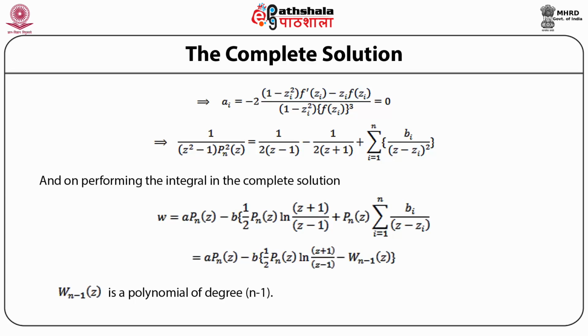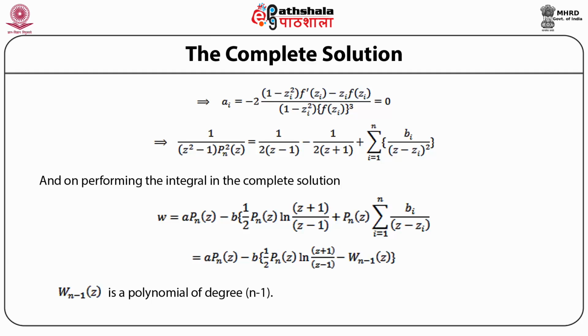Now, on performing the integral, we obtain w is equal to a times Pn of z minus b times, within the brackets, half multiplied by Pn of z into the natural log of (z plus 1) divided by (z minus 1) plus Pn of z multiplied by the summation over i going from 1 to n of Bi by (z minus Zi).